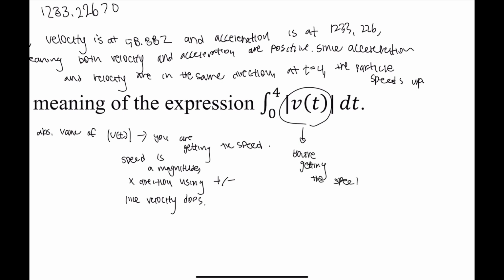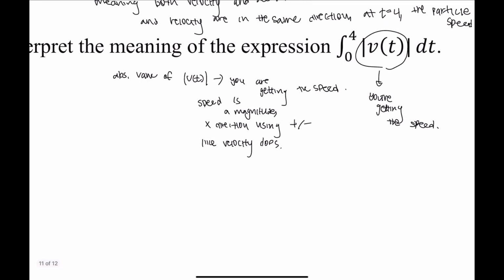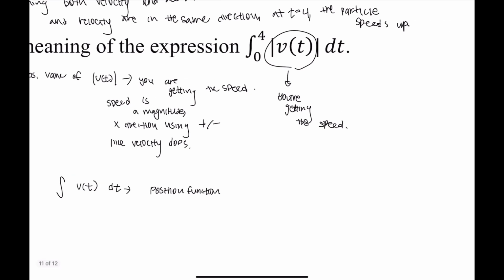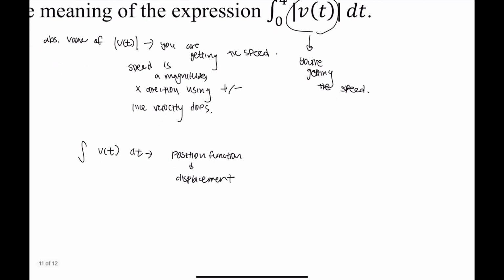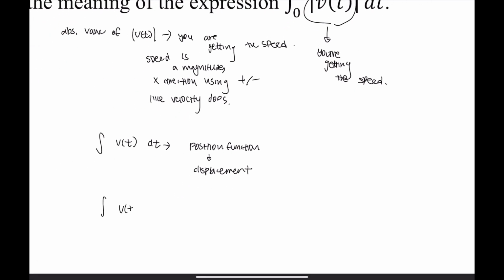Okay, and an integral of speed is actually really interesting because usually the integral of velocity gives you the position function, or like this is the displacement. But then with the absolute value of v of t, the integral of speed gives the distance function, like the distance traveled.